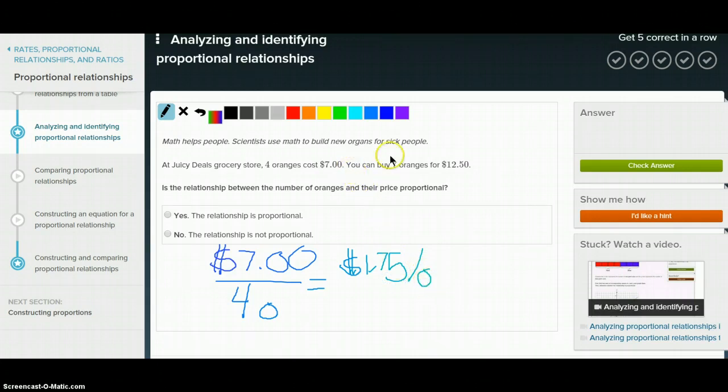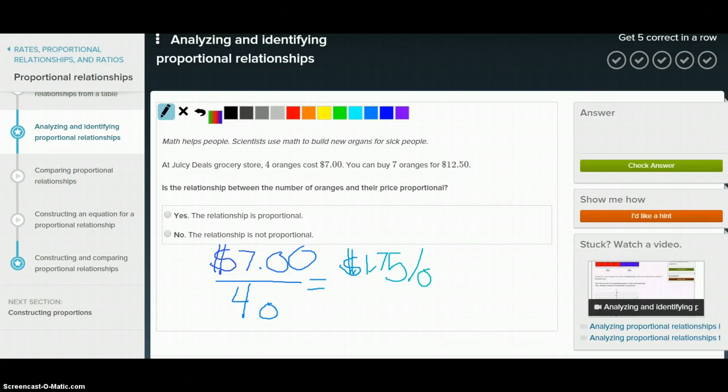Now let's see if these are proportional prices. So we have, you can buy 7 oranges for $12.50. So all we have to do is multiply this price per orange that we have with this ratio. And so we're going to get the price per orange and multiply that by 7. And if that dollar amount is anything other than $12.50, then they're going to be different.